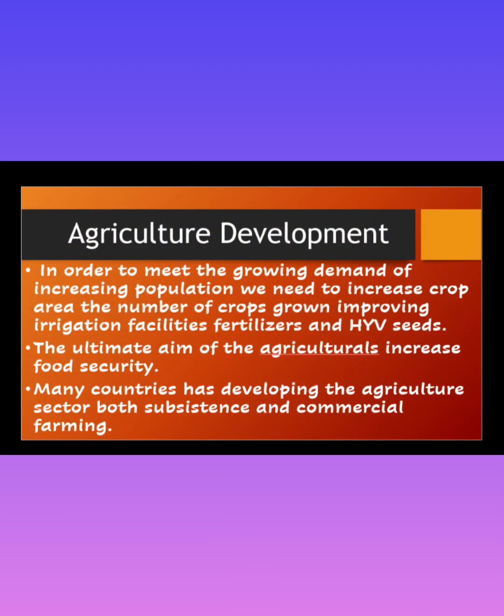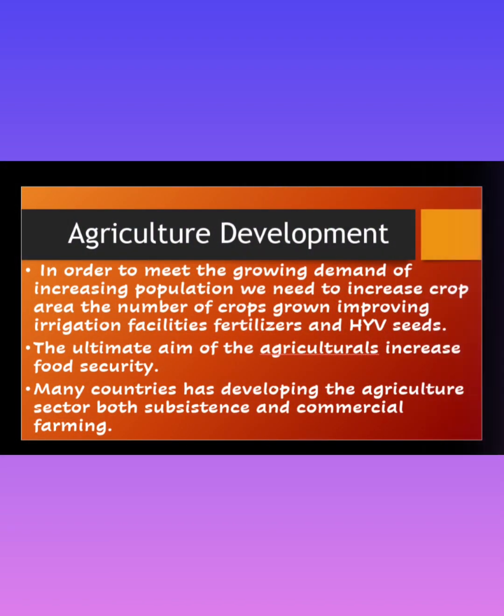This can be achieved in many ways, such as increasing the cropped area, the number of crops grown, improving irrigation facilities, and use of fertilizers and high yielding variety of seeds. Many countries are developing the agriculture sector, both subsistence and commercial farming.